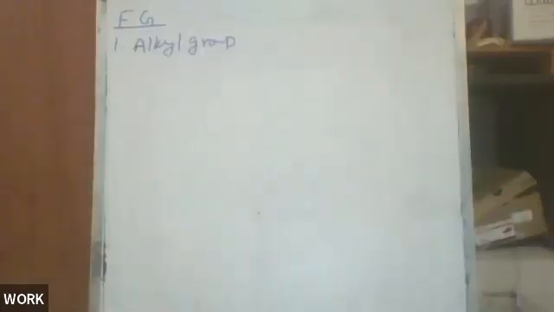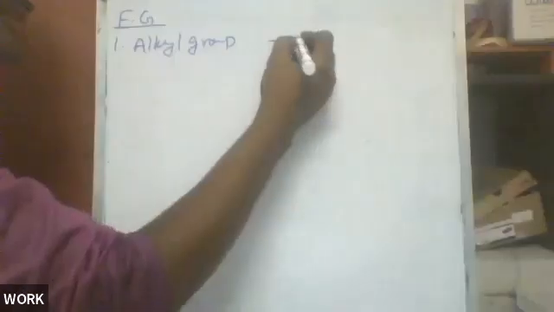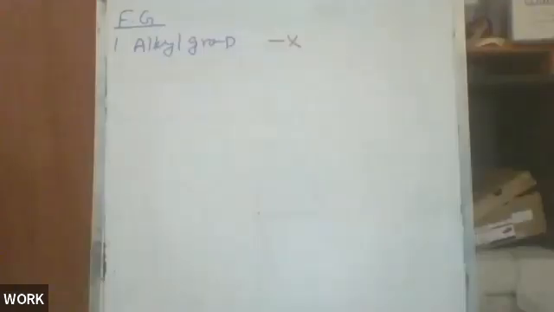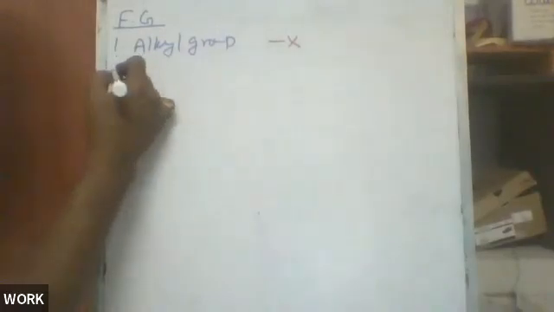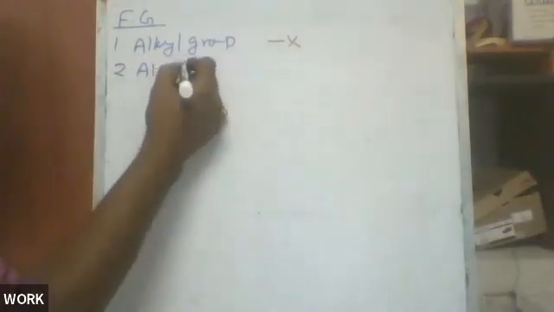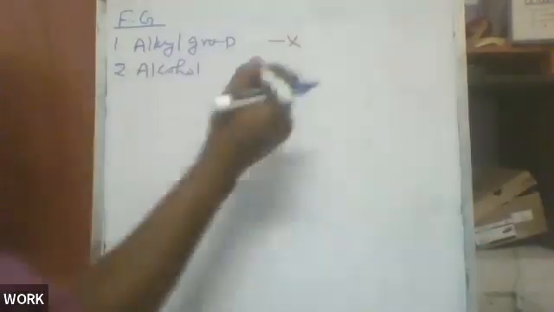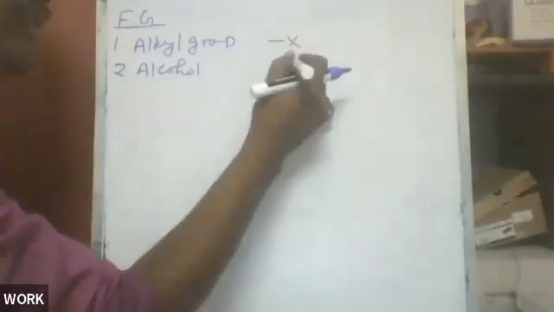Starting with the alkyl group. So what is alkyl group? When halogens are attached, these are things you have studied in your 10th standard, it seems, right? When halogen is attached, that is the alkyl halide. And then alcohol. I have written one hyphen with OH.